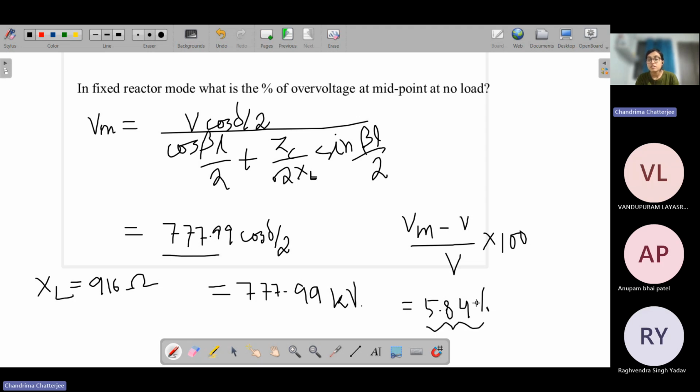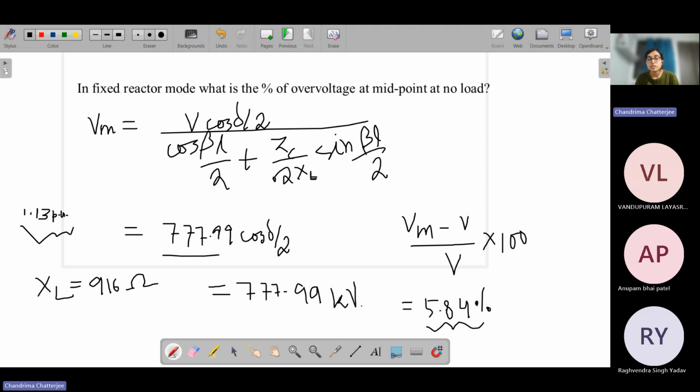If you remember, at first we got the expression 1.13 per unit. Without compensation, we got 1.13 per unit at no load, right? So this was 13% over voltage.